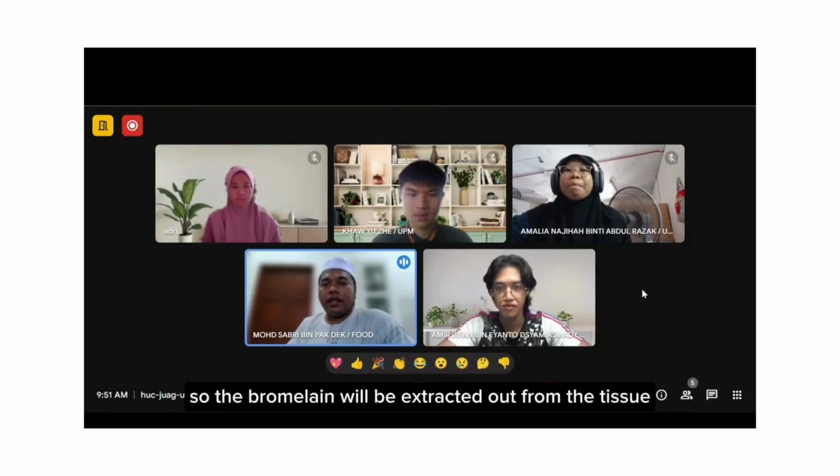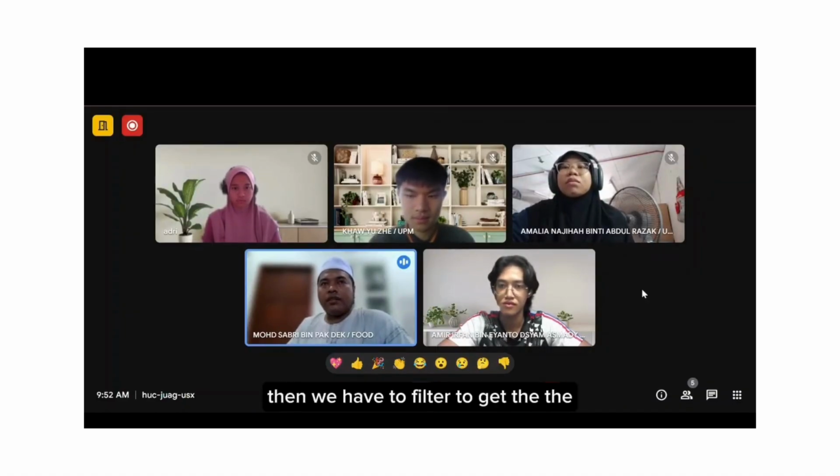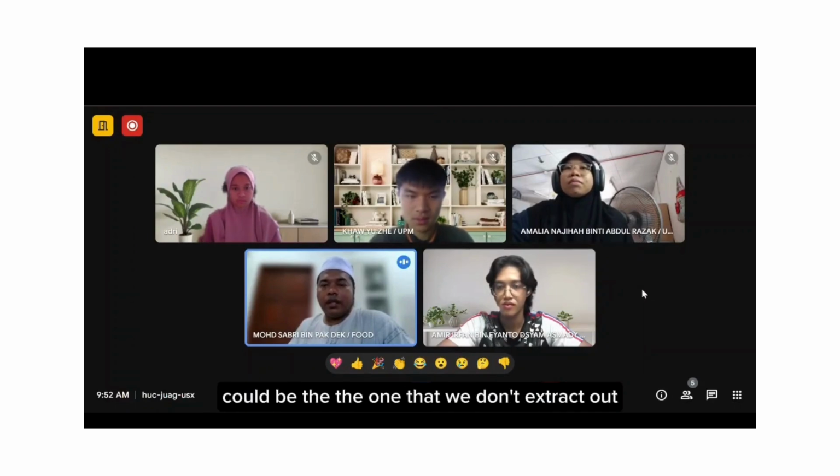So the bromelain will be extracted out from the tissue, and then we have to filter to get the clear solution and the debris. The debris could be the fiber, could be the part that we don't extract out.